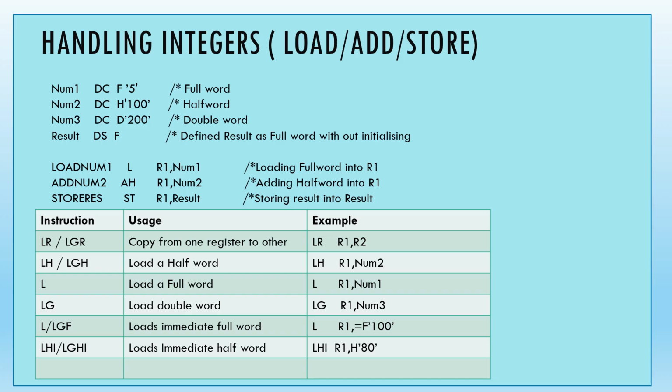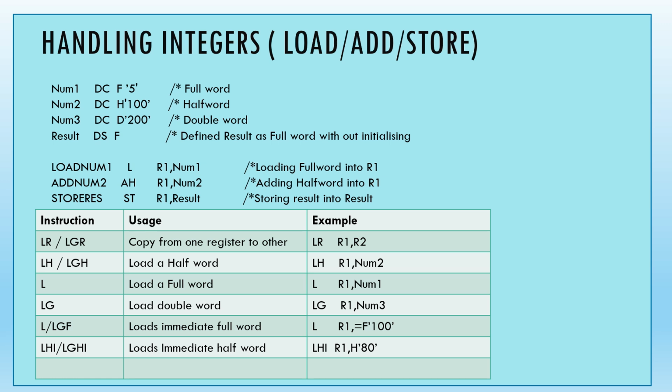Okay, then two more variations of L we will see. Just L is L R1 comma =F'100'. Similarly, if you look at L R1, num1, they look the same, right? In both places I am using the L instruction.